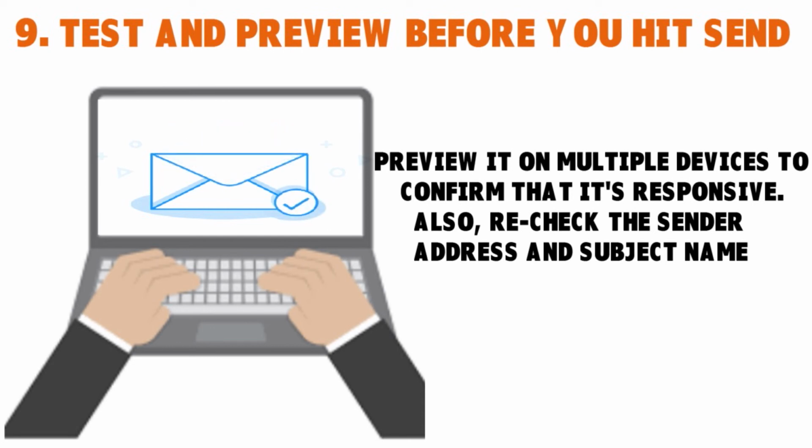Also recheck the sender address and subject name. Deliverability and display are the 2 major factors that affect email campaigns. So test and preview your emails before sending them to confirm that there are no mistakes or miscommunications happening between your brand and your contacts.